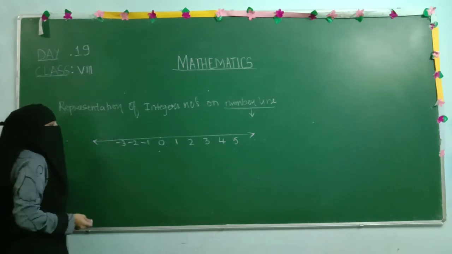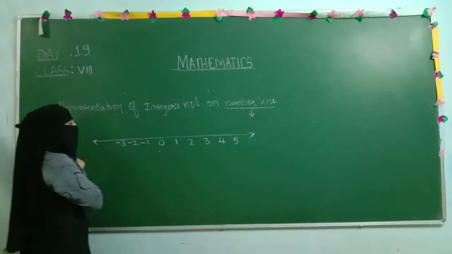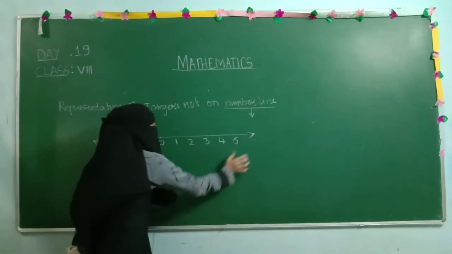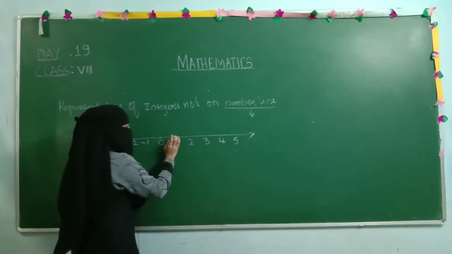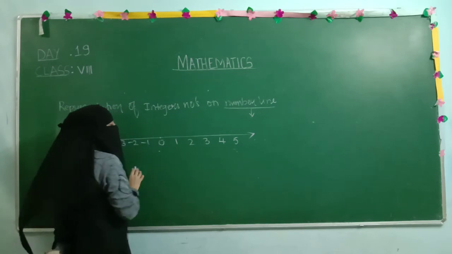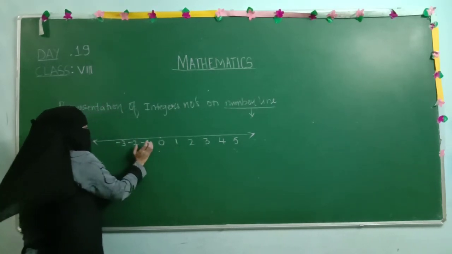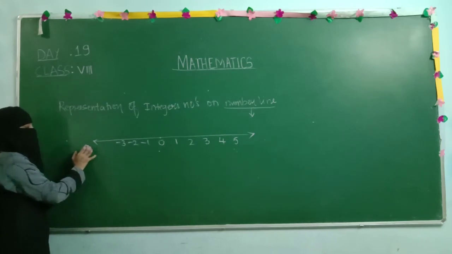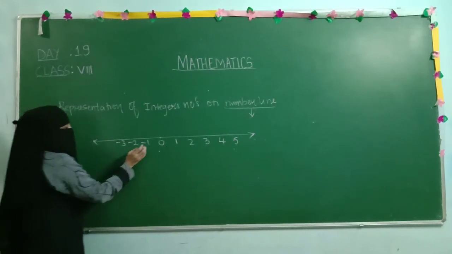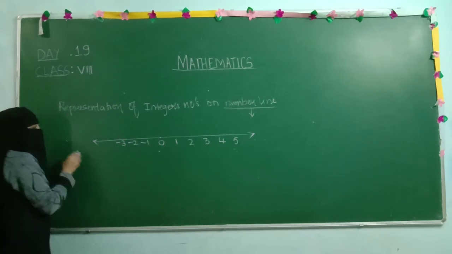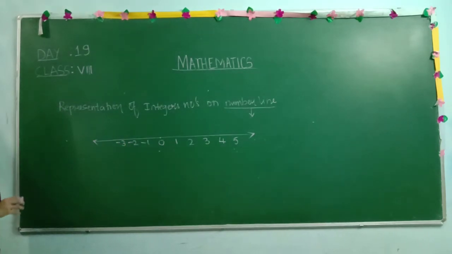So, here what is the largest number? We can't define the largest positive number, but the smallest positive number we can say is 1. But when we are talking about negative numbers, the largest number we know is -1, but the smallest negative number we don't know, as it goes on up to infinity.